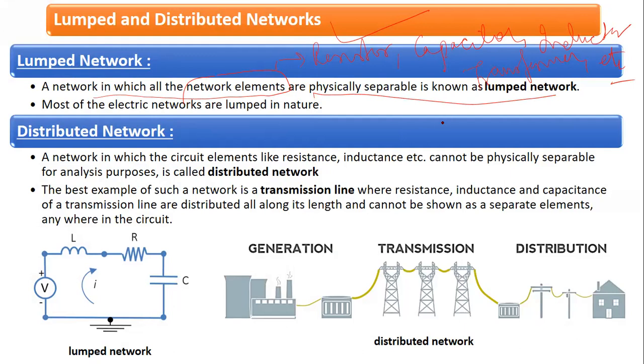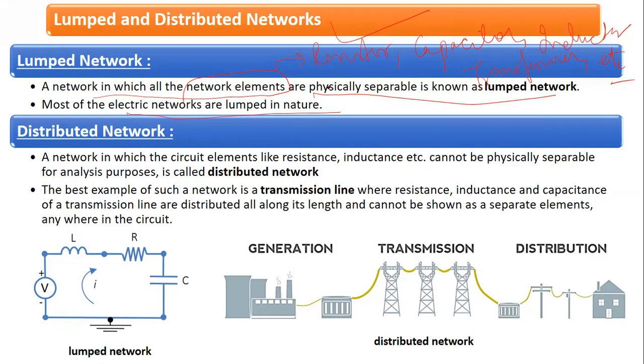All your small networks which you see, like your PCB and all that, they are basically lumped networks, right? Okay. Most of the electric networks are lumped networks, because it is convenient to separate the circuit elements from there.